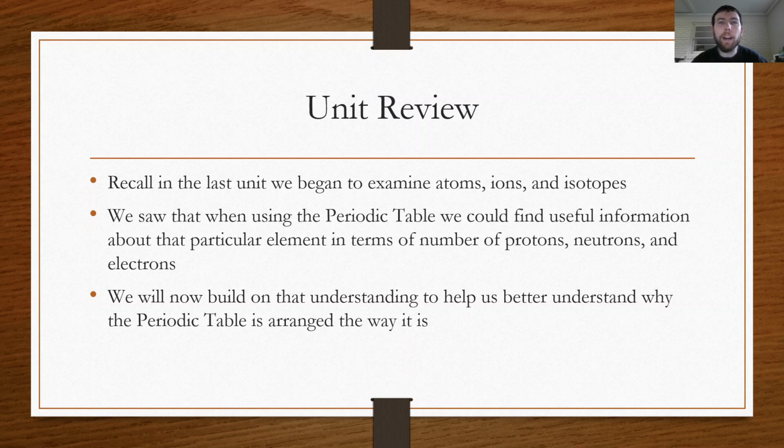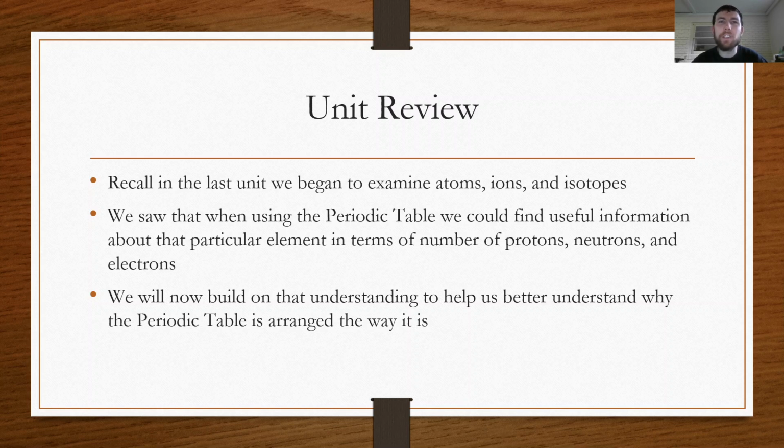And we talked about how we could determine the number of protons, neutrons, and electrons for a particular atom. In order to do that, we had to look at the periodic table. Again, we saw that that was some of the useful information we could find, like those numbers of protons, neutrons, and electrons. But now we're going to build on that understanding, and we're going to be moving to looking at the arrangement of the periodic table.